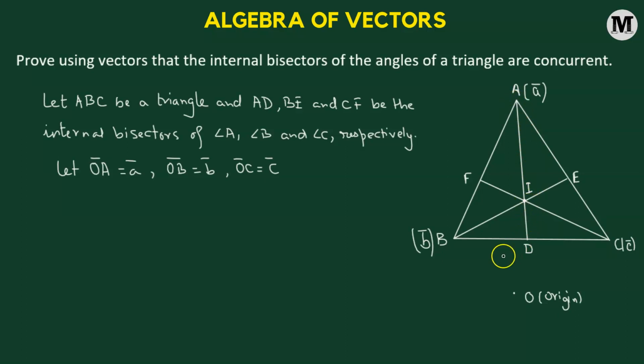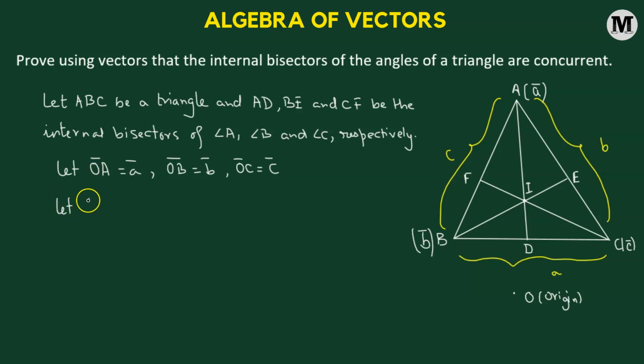To do that, we'll consider the side opposite to vertex A as A. It's just a scalar number A. Then the side opposite to angle B, let's consider it to be B, and the side opposite to angle C, we'll consider it to be C. Let's note it down: BC equals A, CA equals B, and AB equals C. That means the length of AB is C.